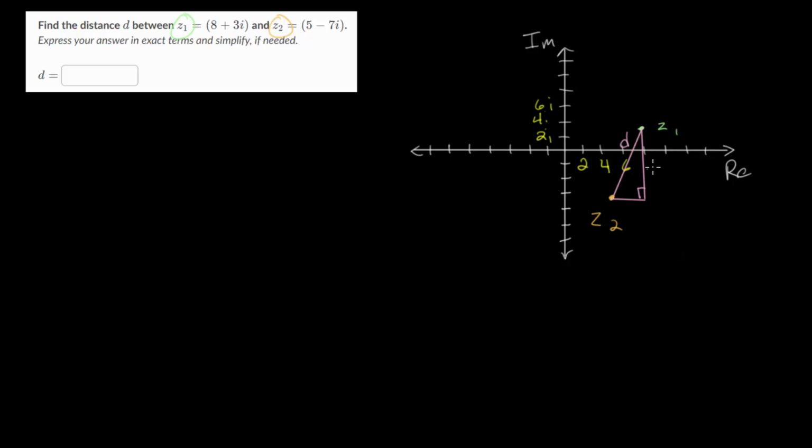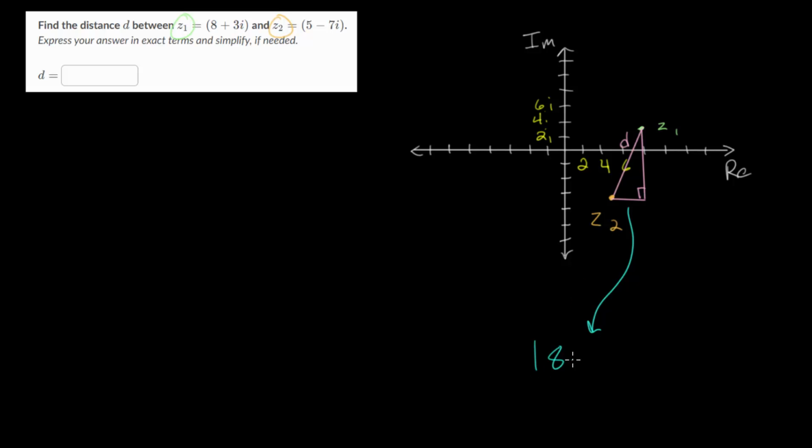These two segments are perpendicular to each other, and we now just need to figure out what the lengths of these segments are. So let's start with this horizontal component here. We need to find the difference between the real parts. Since this has a real part of 8 and this has a real part of 5, we can find that this length is 3. But we can think about it as finding the absolute value of the difference between the points.